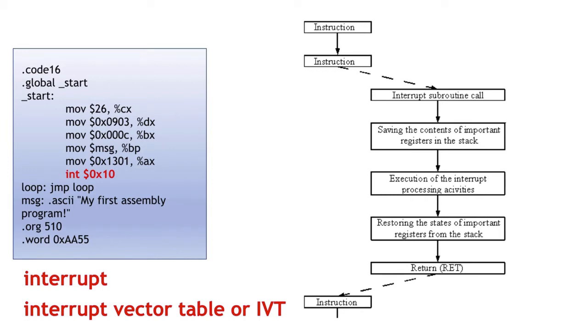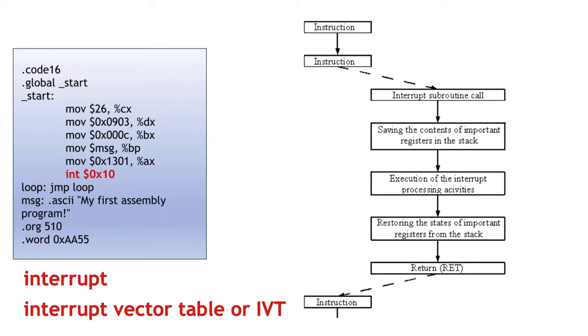The concept of interrupt is not hard to understand, is it? Actually, this kind of interrupt is usually called a software interrupt. We will talk about other kinds of interrupts shortly in this course.